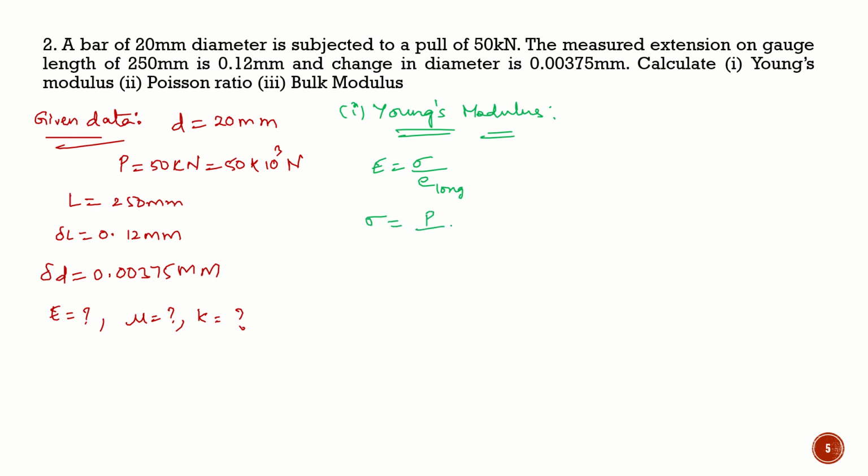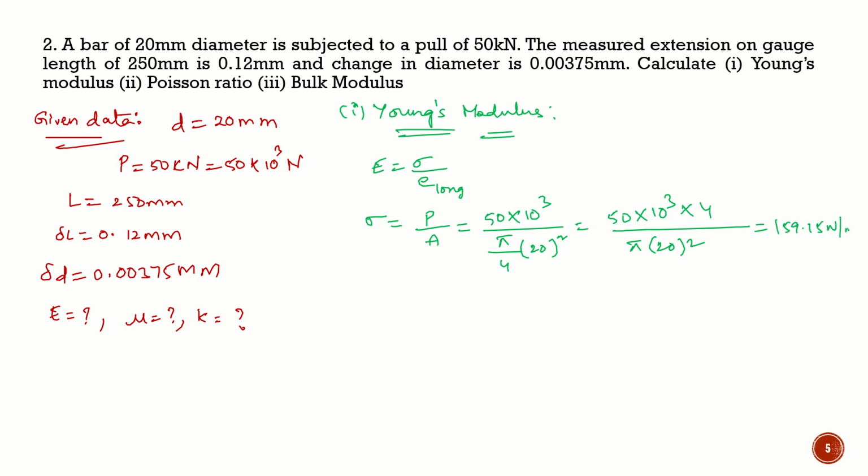What is stress? Load by area. What is the load given here? 50 into 10 power 3 by area, which is pi by 4 of 20 square. So I can write this as 50 into 10 power 3 into 4 by pi into 20 square. From here the stress value comes out to be approximately 159.15 Newton per mm square.